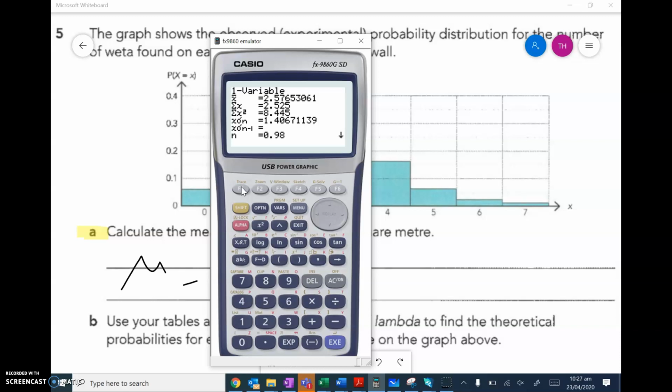I've got 2.58 if I round it. So there is going to be a little bit of error based on your numbers. The back of the book doesn't tell you what those numbers are that you put in. But if you're close to 2.57 based on what you see, or on any other questions that you need to estimate a mean, if you're close to the value, that's fine. So I'm going to use my mean as 2.58.